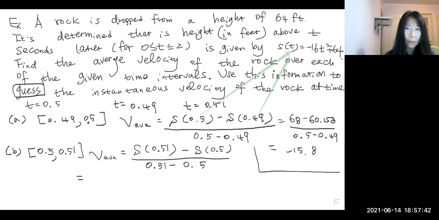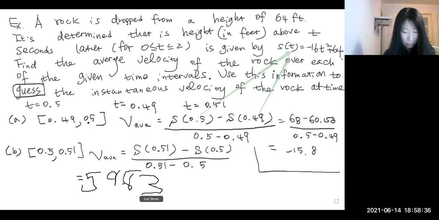S of 0.51. What do you get? I got negative 16.16.